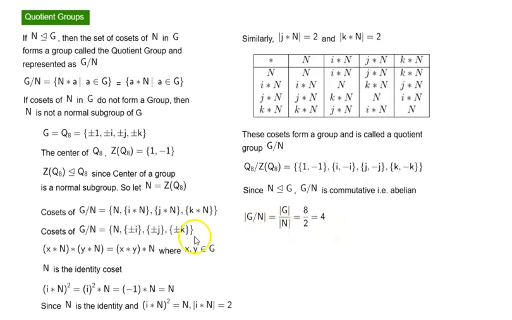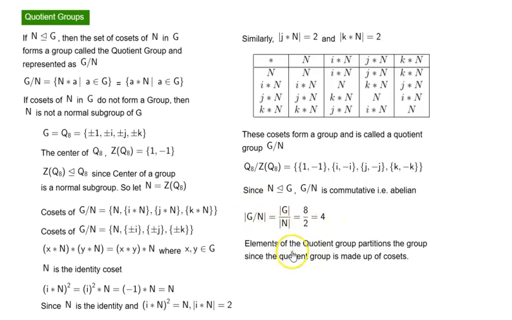This is from Lagrange's theorem. So the elements of the quotient group, N, IN, JN, KN, partition the group, since the quotient group is made up of cosets. In this example itself, take another normal subgroup of Q8 and look at the quotient group so formed.